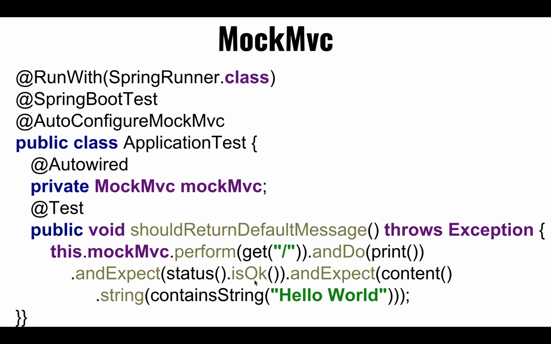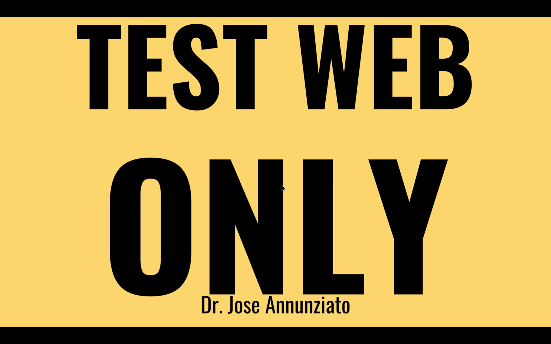It grabs the content, which is a string, and verifies that the string is equal to hello world. Again, this allows you to isolate the controller and have it just be executed in a mocked environment instead of starting up the entire server.